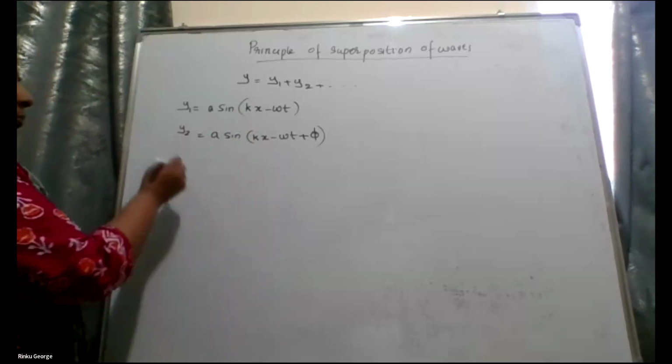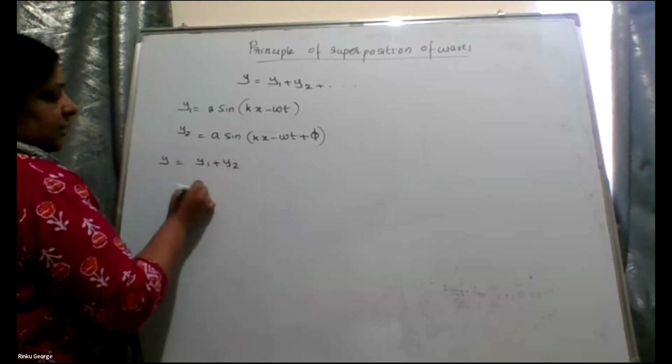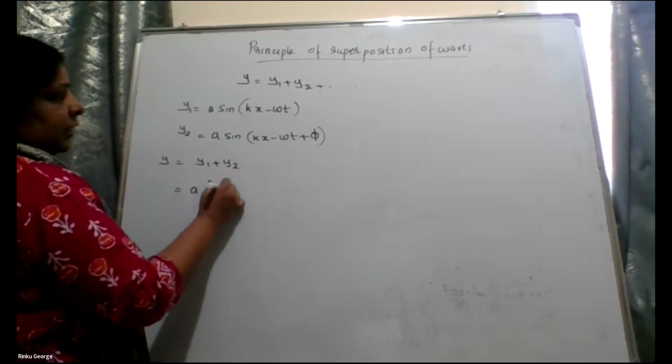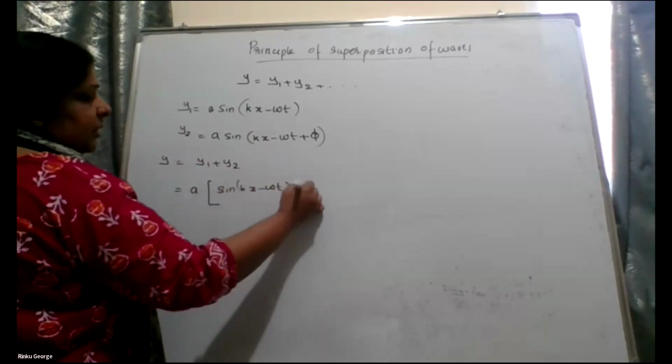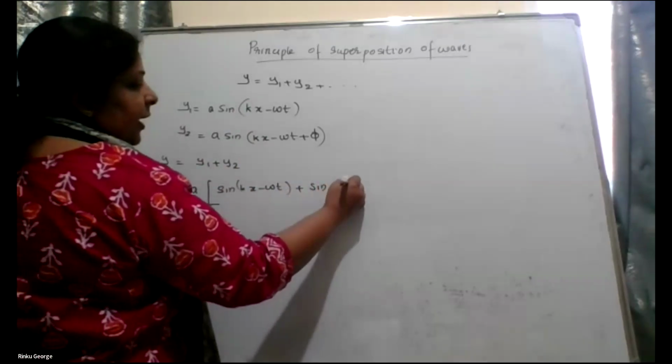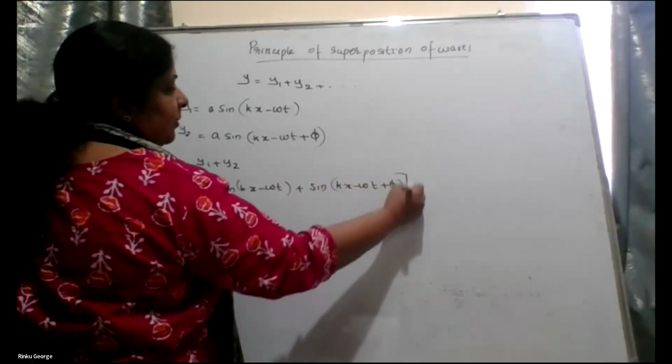So we will add these two. y will be equal to y1 plus y2, that is a, I'll take outside, sine(kx minus omega t) plus sine(kx minus omega t plus phi). What is sine A plus sine B?